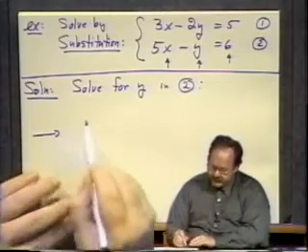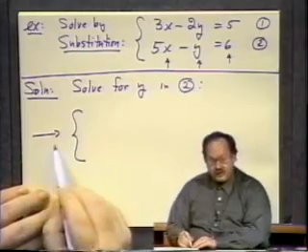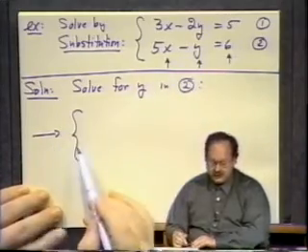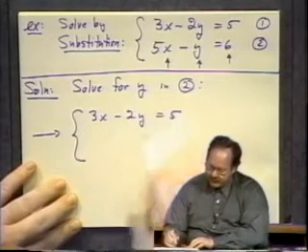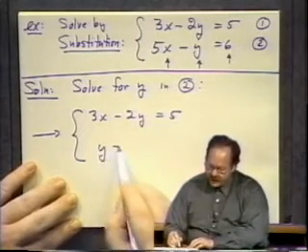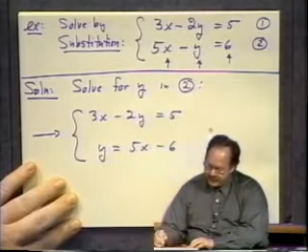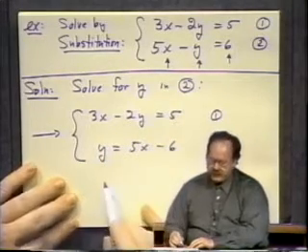So if I do that, I repeat the system. There's the arrow saying I'm going from this system to this new system. I'm not doing anything to the first one, so I'm just going to recopy it. The second one now I've solved for y. So y equals 5x minus 6. That one you can do in your head.